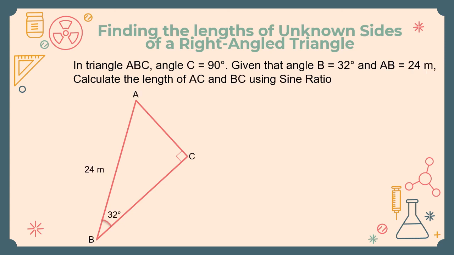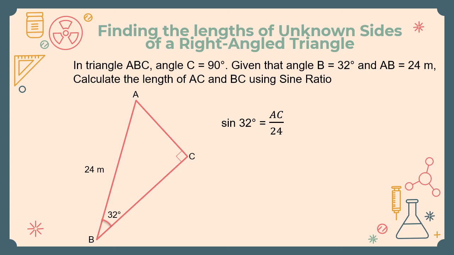So next, in triangle ABC, angle C is 90 degrees, given that angle B is equal to 32 degrees and AB is equal to 24 meters. Okay? Calculate the length of AC using the sine ratio. The formula for sine is opposite over hypotenuse.